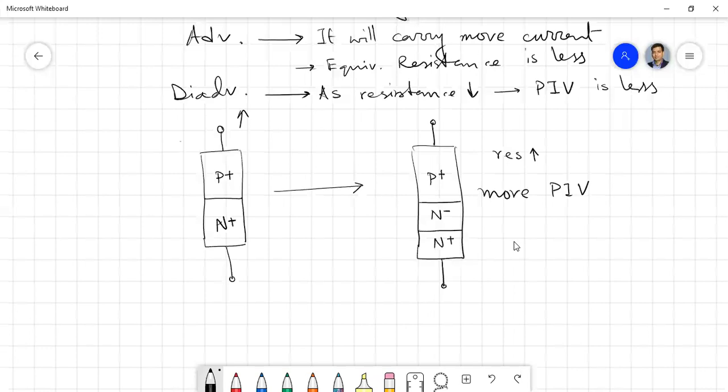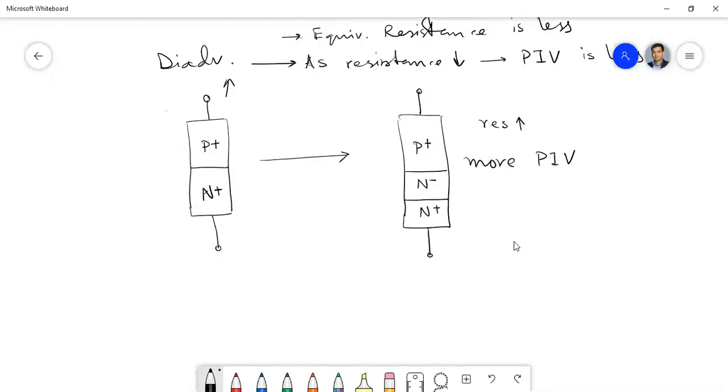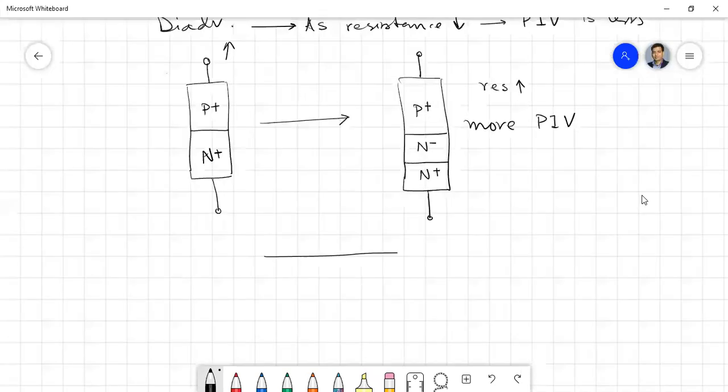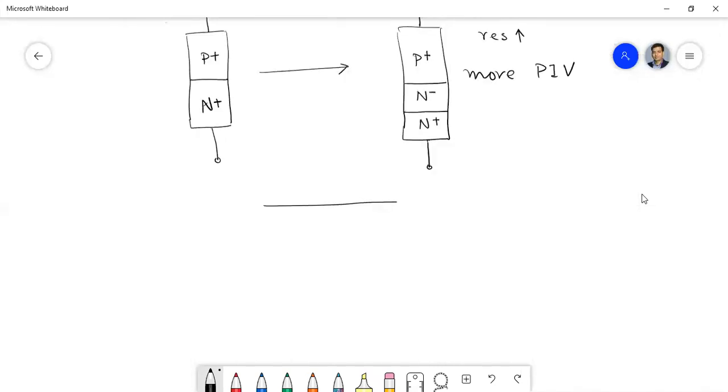So let me draw the practical one. Next day I will discuss this device in detail, but the practical diode is not exactly like this. It's a flat one compared to this, and it has basically two layers.